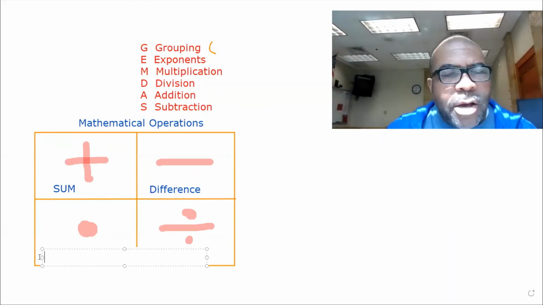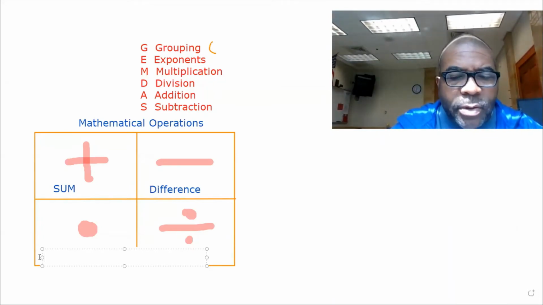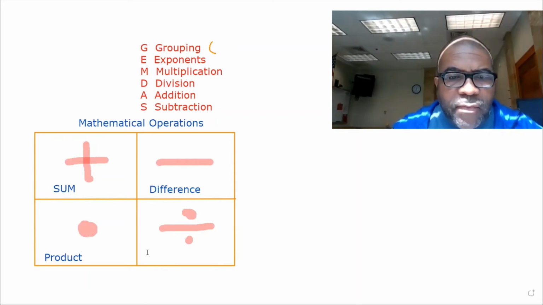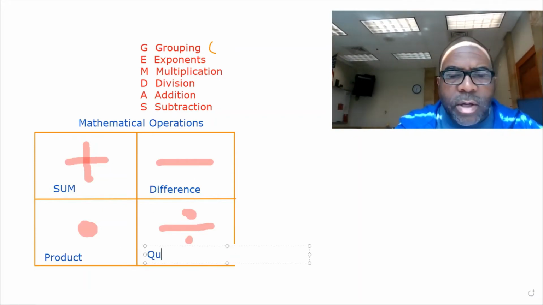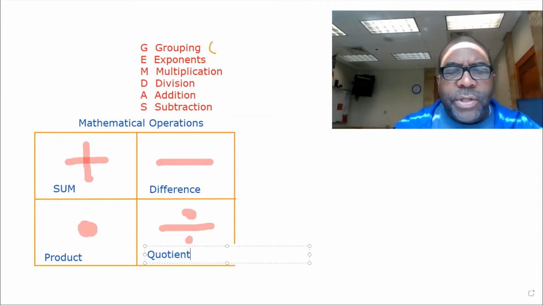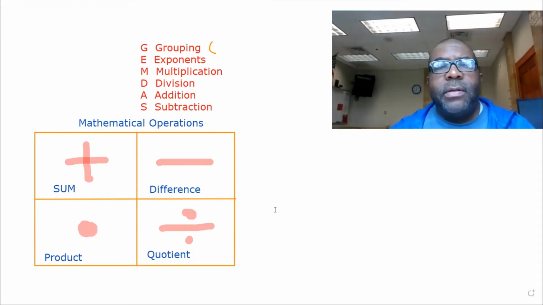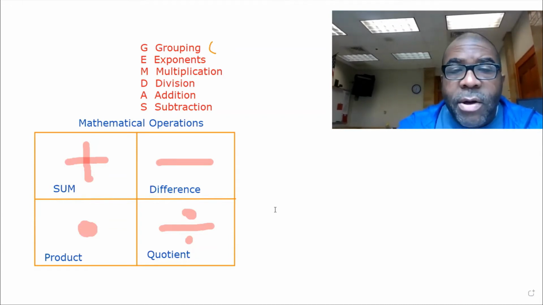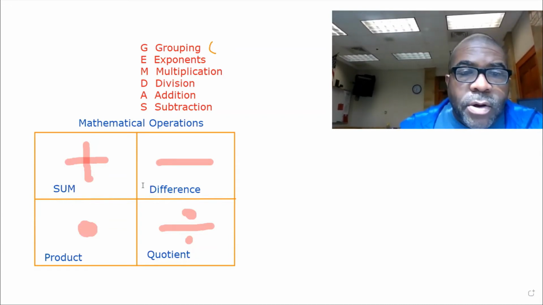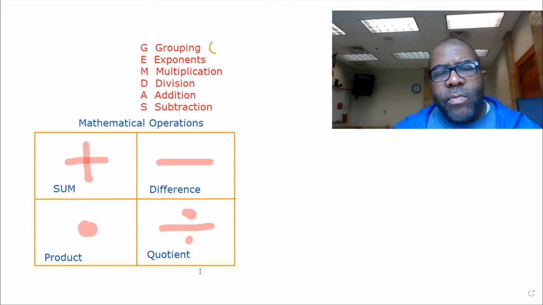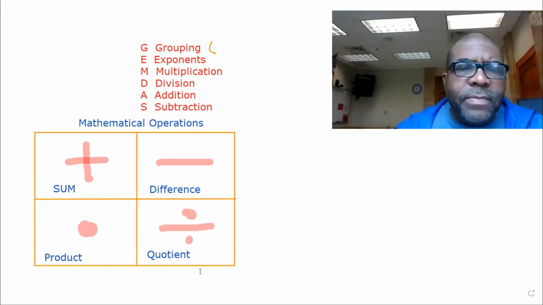For multiplication, we might use the term product, and for division, we're going to use the term quotient, Q-U-O-T-I-E-N-T. Hear that? Quotient. So we have sum, difference, product, and quotient. These are the 4 mathematical operations: sum, difference, product, quotient; addition, subtraction, multiplication, division; plus, minus, times, divide by.